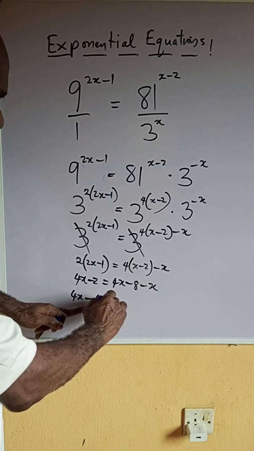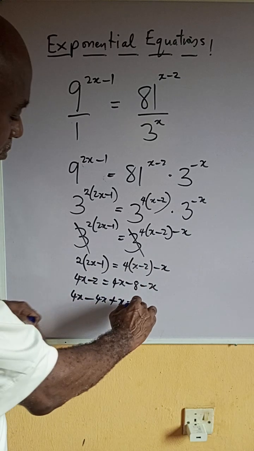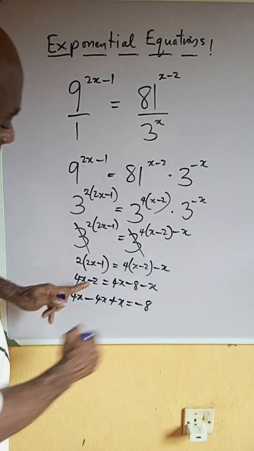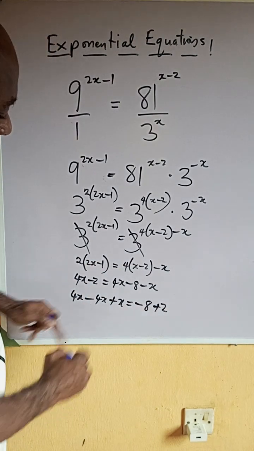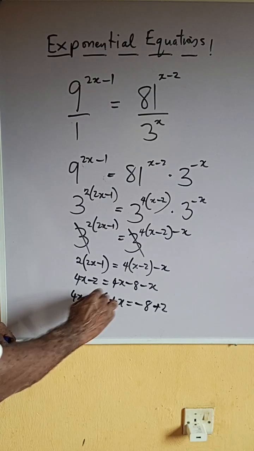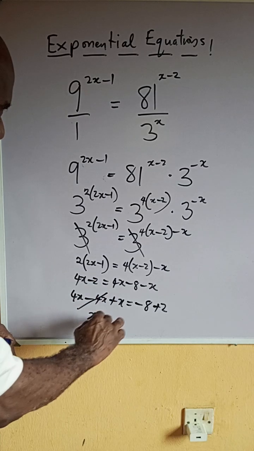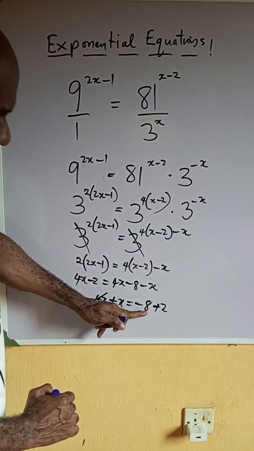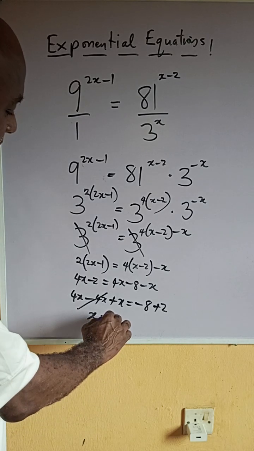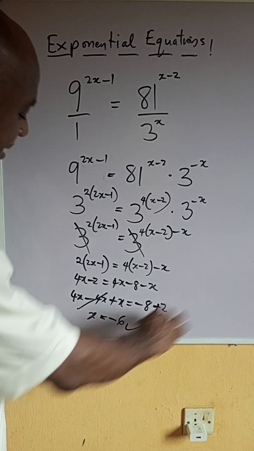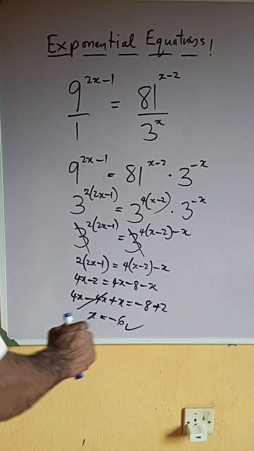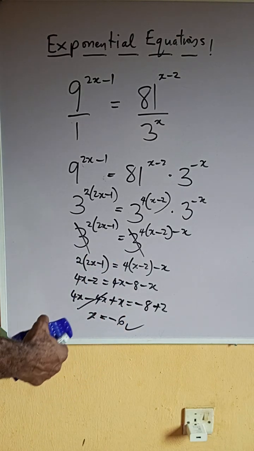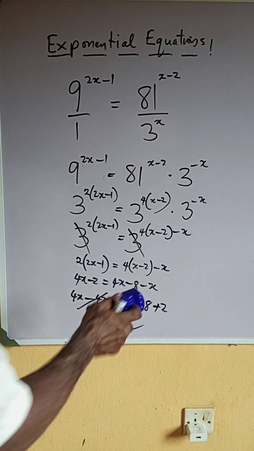Minus x crossing over becomes plus x, all equal to minus 8 plus 2. At this point, 4x minus x is 0. We are left with x is equal to minus 8 plus 2, which is obviously minus 6. So the solution to this equation is minus 6.